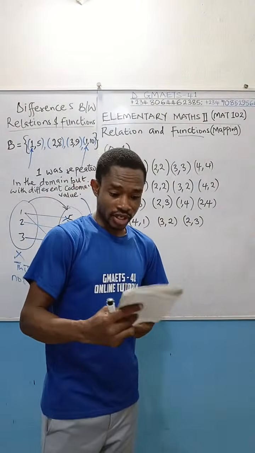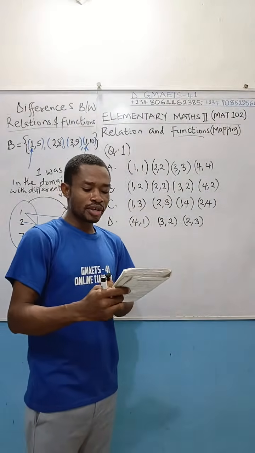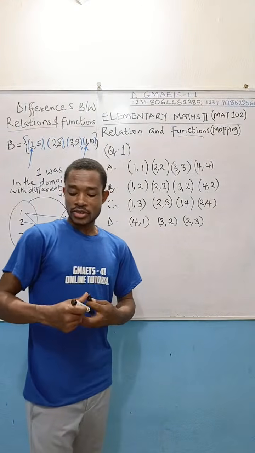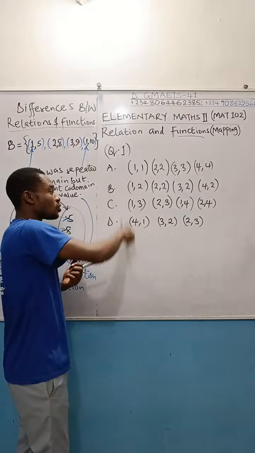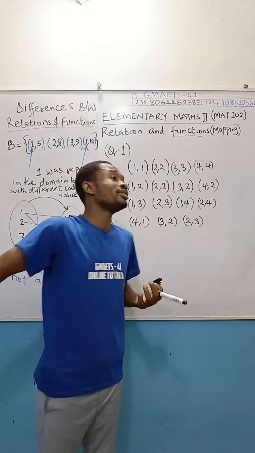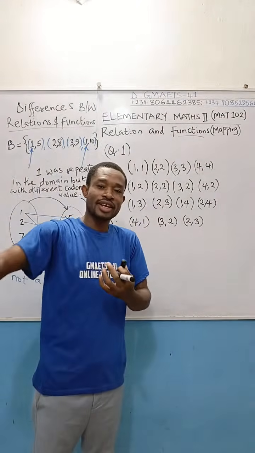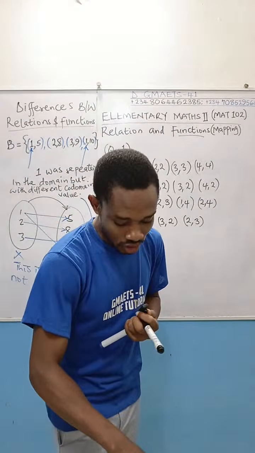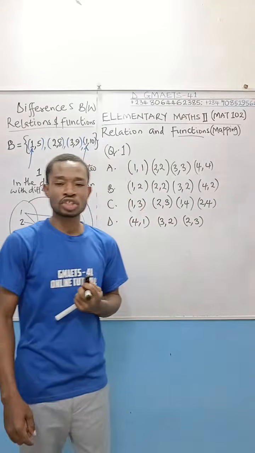Once again, I'm going to read the question. Which of the following relations is not a function? So you see, all the options given to us here are relations. Remember I told you relation is open. You just combine both the domain and the codomain together. But which one of them, according to the question, is not a function?